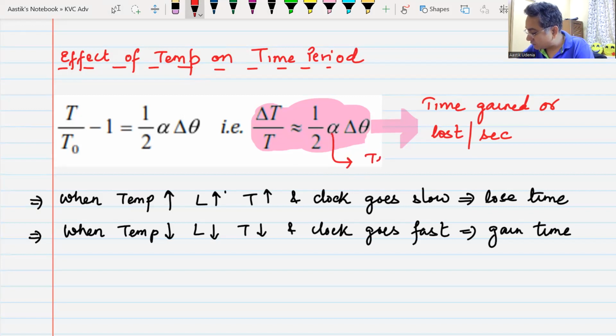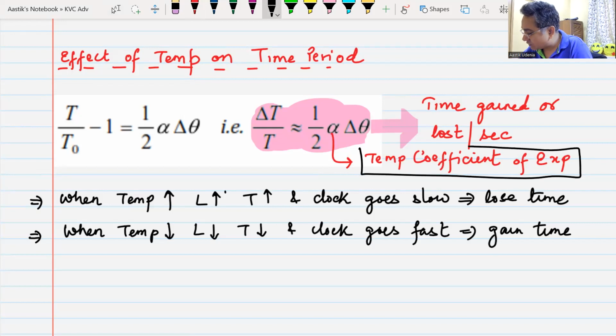Alpha is the temperature coefficient of expansion. What has angular acceleration got to do here? Temperature coefficient of expansion, that is what it is known as. I'll give you 2 minutes to note it down.